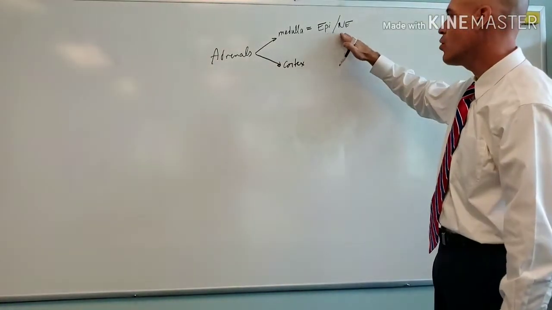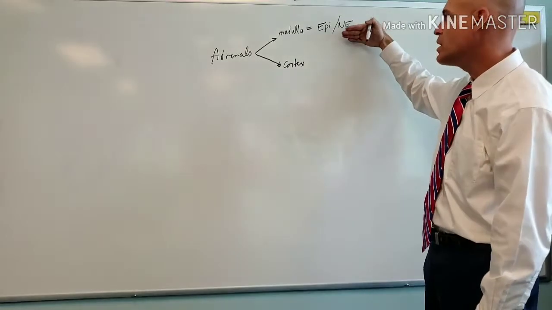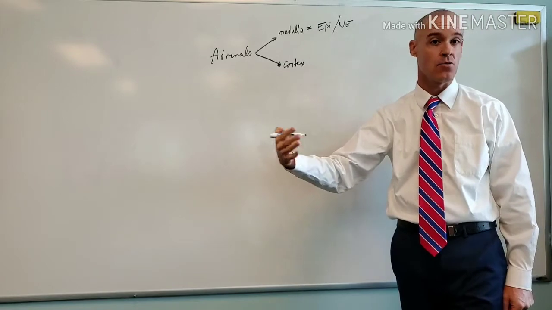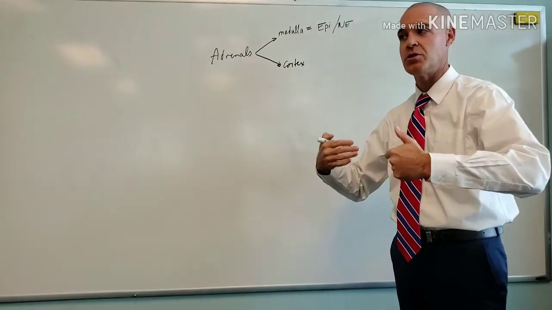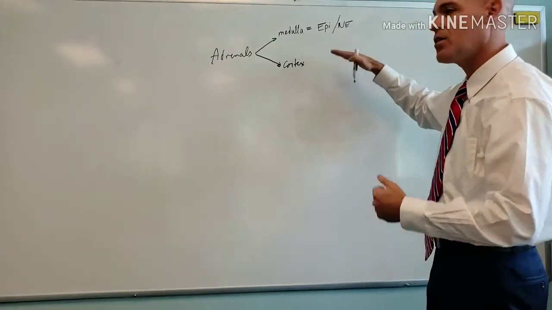Epinephrine and norepinephrine: the easiest thing to remember is that they really are stimulated by the sympathetic nervous system, and the sympathetic nervous system is really what's responsible for our fight or flight response. So think of the fight or flight response.